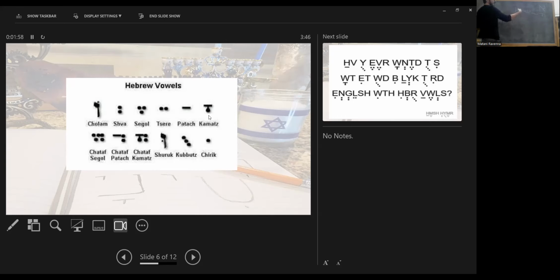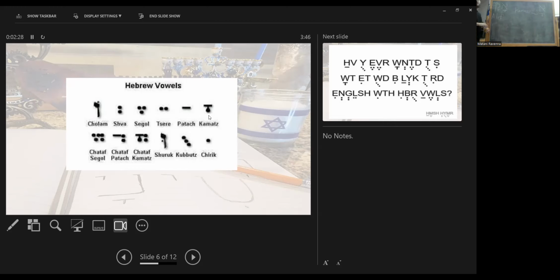Aleph, the literal word aleph, this is what it looks like. Here's the kamatz vowel here. We'll get to that in a second. So we have the kamatz under the aleph.